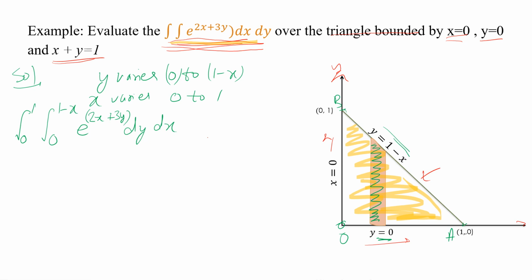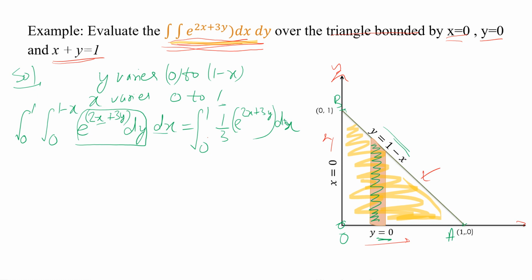So first we take the integration with respect to y, because the limit of integration of y in terms of x is 0 to 1 minus x, and the limit of x is 0 to 1, that is constant. So we take the integration, and we get integral 0 to 1, 1 by 3 e raised to power 2x plus 3y, when we take that integration with respect to y, treating x as a constant, dx.